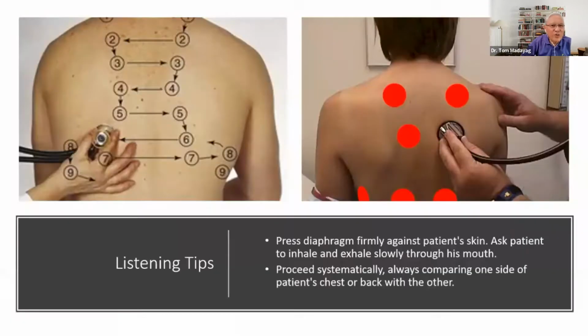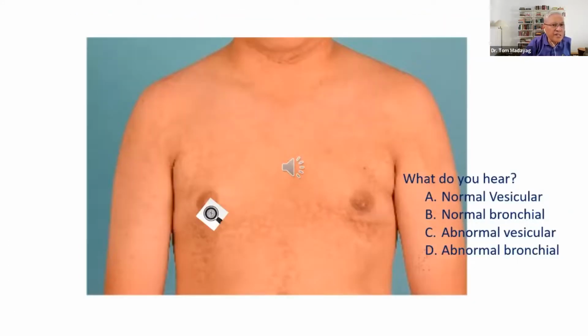Okay, so that's stridor. We have now come to the end of the presentation. What I'd like to do is to conclude with an assessment before Kahoot. So let's take a look at some of these exercises. All right. So pictured over here is the patient's chest, and this one is anteriorly. And you could see where the stethoscope is located.